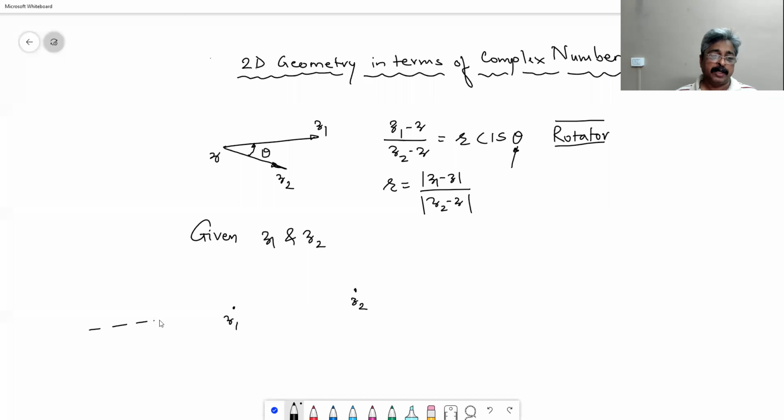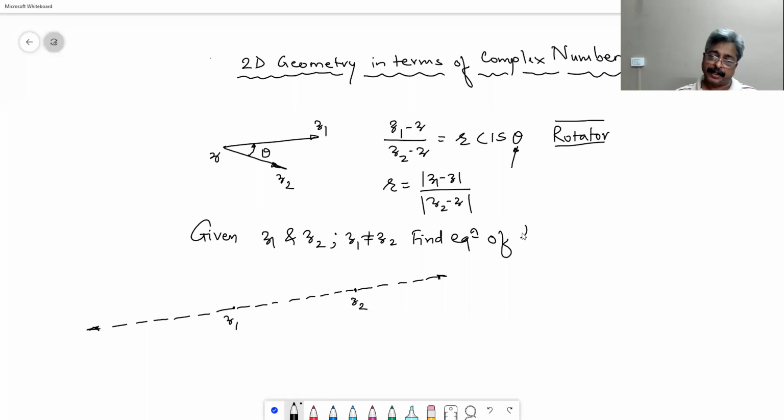Then there will be a straight line passing through z1 and z2, because they represent 2 points in the xy plane, the Argand diagram. Therefore, there will exist a unique straight line if z1 and z2 are distinct. Find the equation of the straight line passing through z1, z2.